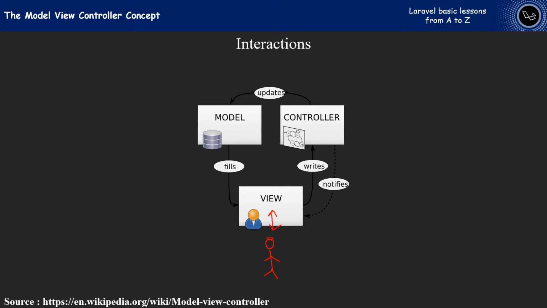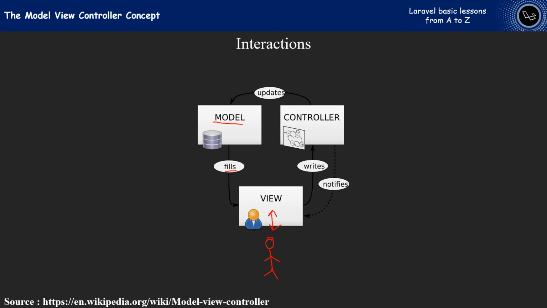This is the view, and as you can see here, the model fills the view, because different information we have in our database must appear in our view. And the reason why is that the model contains different data of our database.